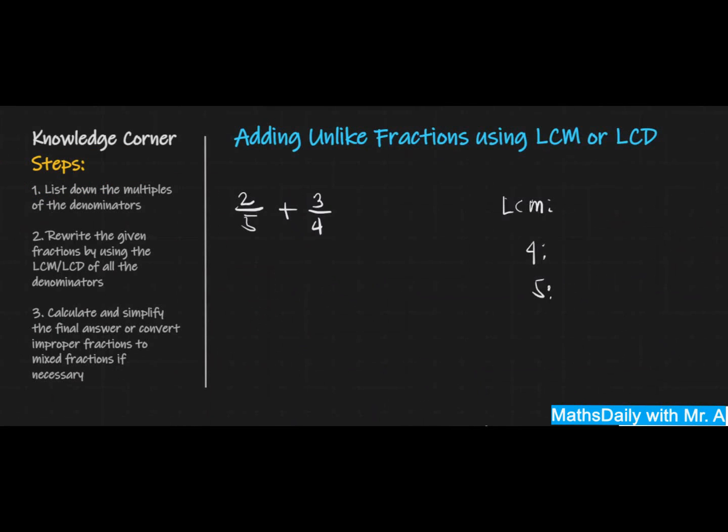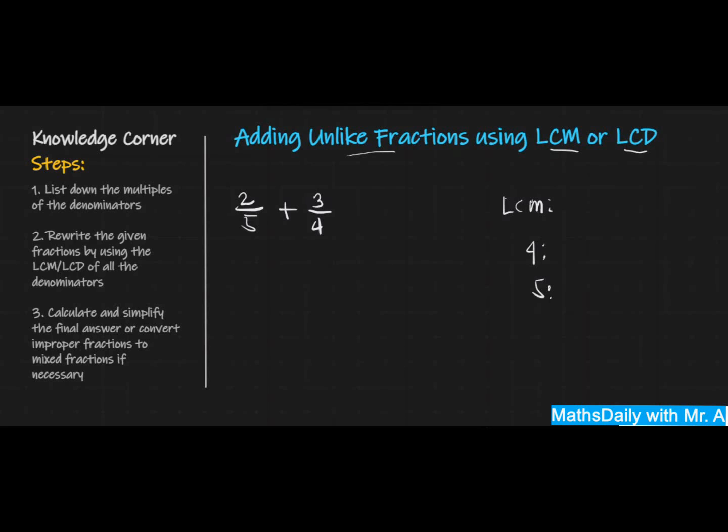Now let's talk about adding unlike fractions using LCM or LCD. LCM stands for least common multiple and LCD stands for least common denominators. LCM or LCD are just the same. In adding unlike fractions using LCM or LCD, there are 3 steps that you need to remember.